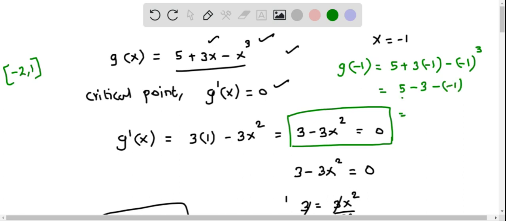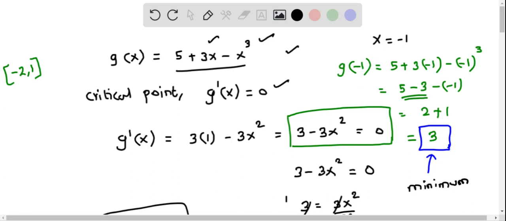So we get 5 minus 3 is 2, minus the negative of 1 is plus 1, so we get 2 plus 1 equals 3. So we have determined that the minimum value of the function is 3. And so answer choice C is correct.